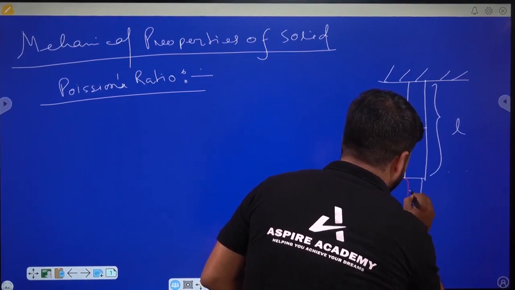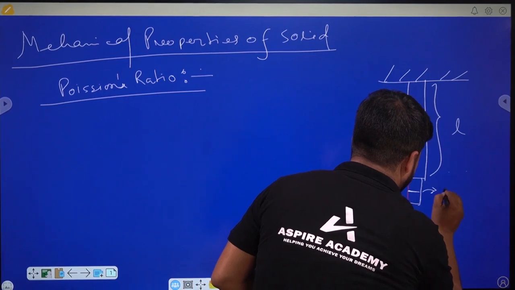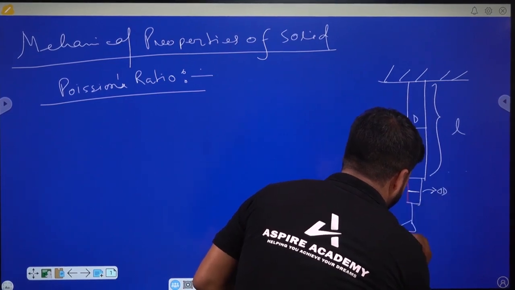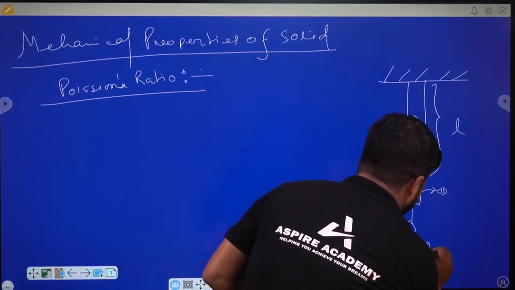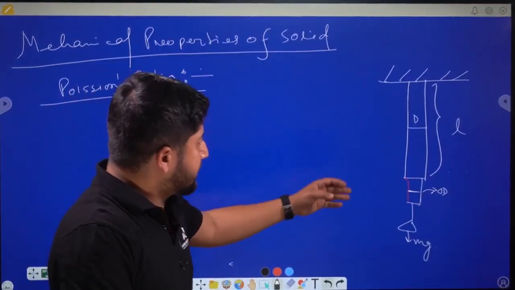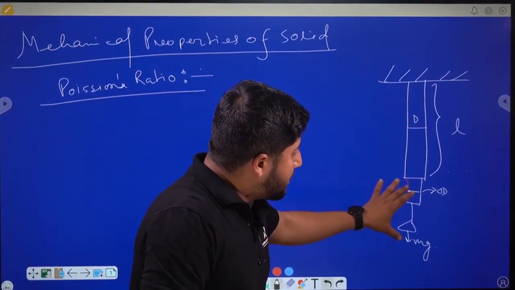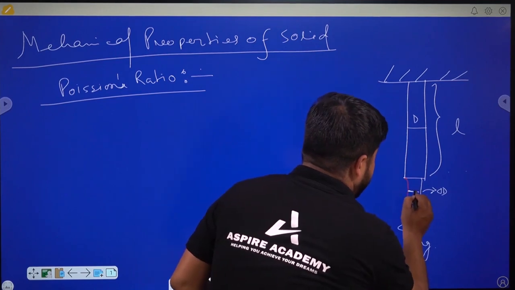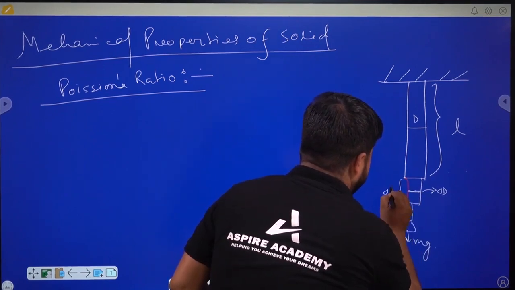The diameter changes by del D. Now we apply mg force here. So what will happen? Here two changes occur: this is the change in diameter and this is the change in length.